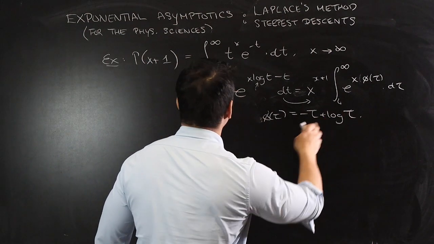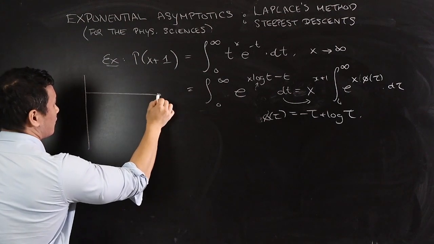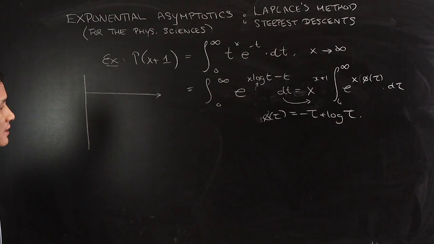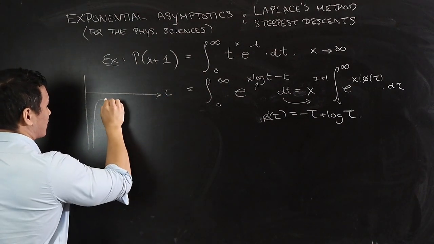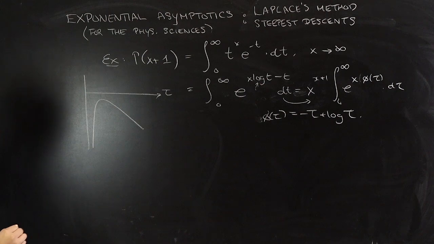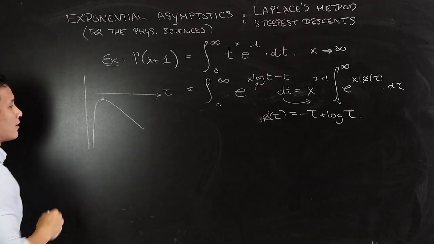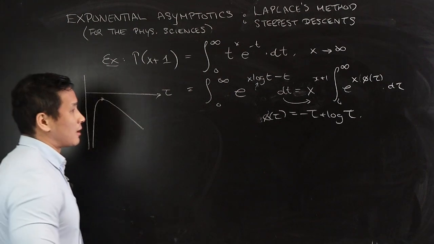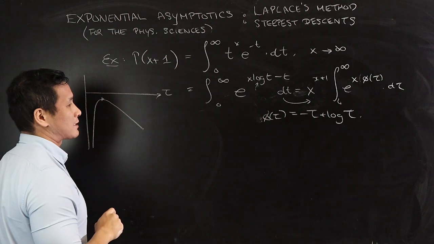But now that you have, it's very straightforward. If you look at what the graph of phi of tau looks like, it essentially goes to minus infinity as tau goes to 0. And then it's linear with a gradient of minus 1 as tau goes to infinity. And it has a maxima at this point. So that means that the dominant contribution of this integral you'd expect to be localized around this maximum. Where is it?